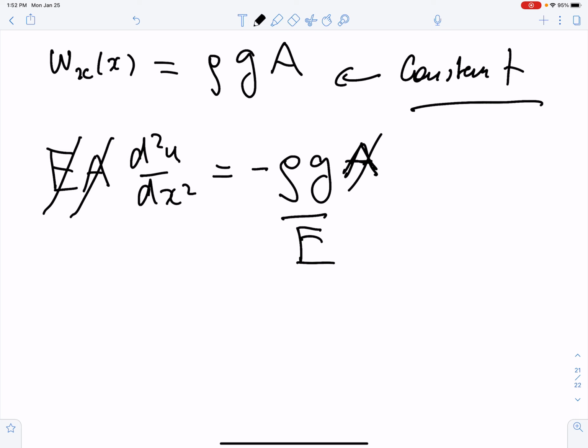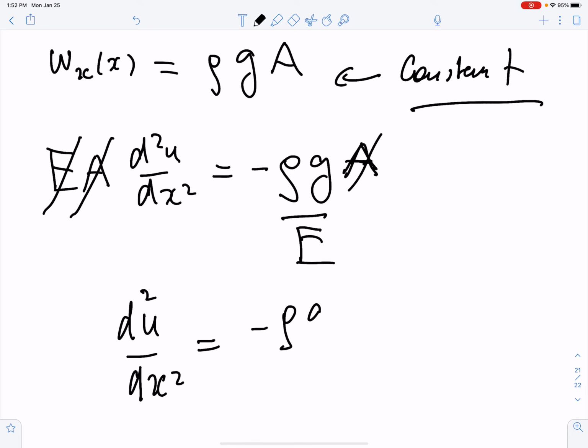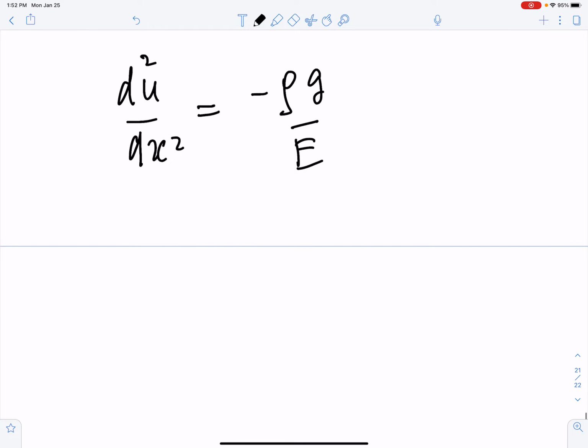Both cables will displace by the same amount. I don't know if this is obvious to you, but it comes out of this analysis quite naturally. So then you simplify the problem a little bit and you solve d squared u dx squared equals minus rho g over E. Okay, right.